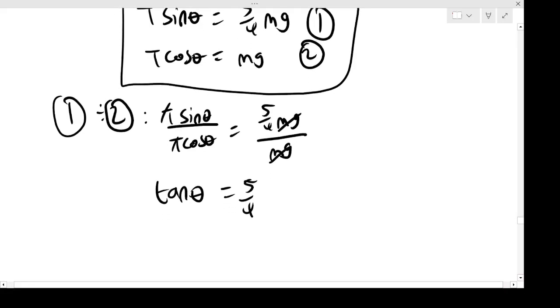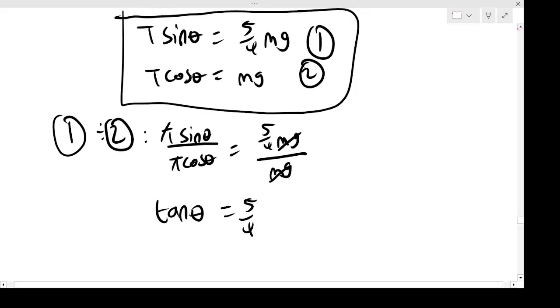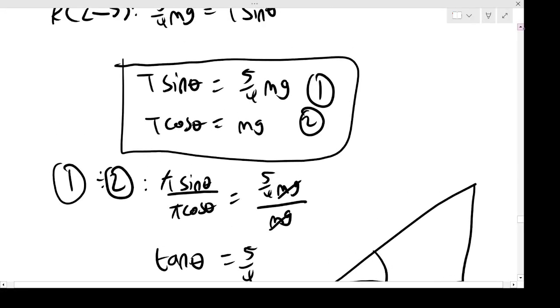Now we can find theta on its own if you want to, but remember what we like to do is actually consider a triangle, because we don't necessarily need theta here. We just need sine and cos theta.